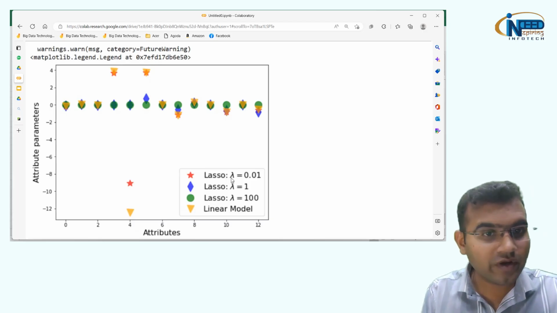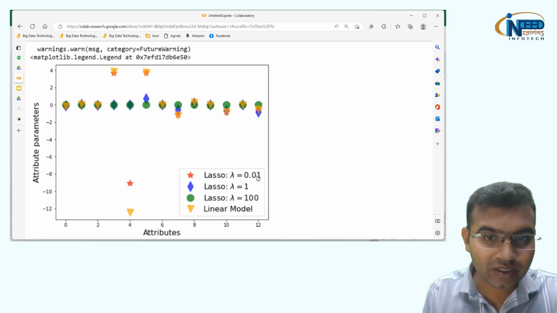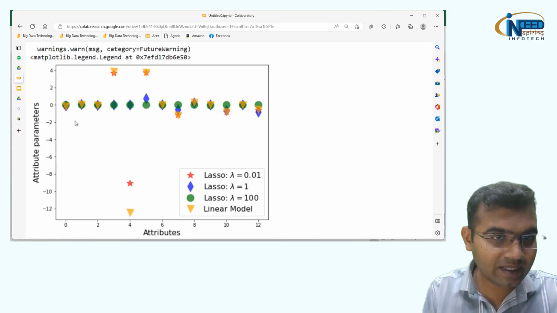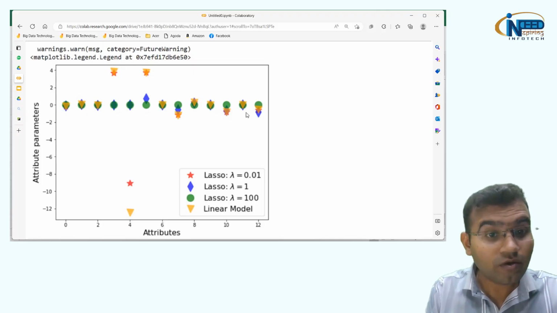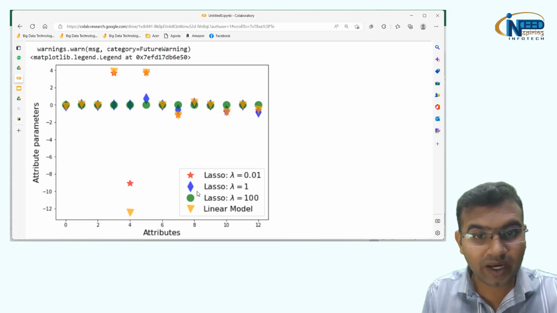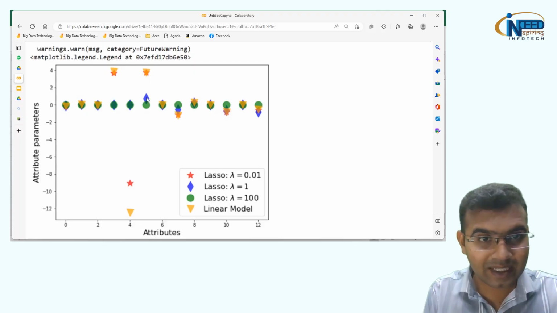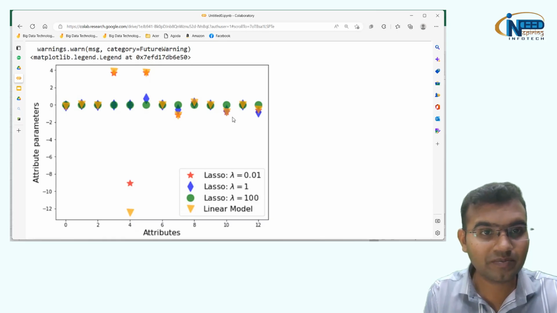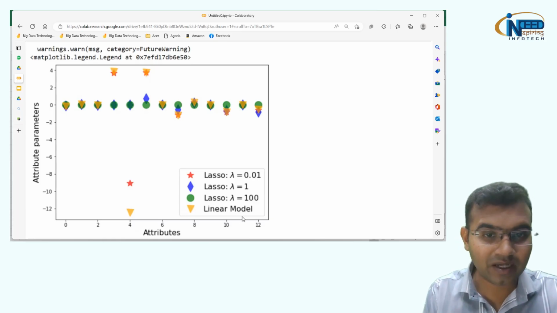When you keep the lambda value 0.01, you can see the positions of the stars. When you keep the value as 1, you can see a bit of deviation from the stars, the blue ones. And if you keep it as 100, then you can see how they are being put. And if you run the linear model, then you can see how the linear model looks.